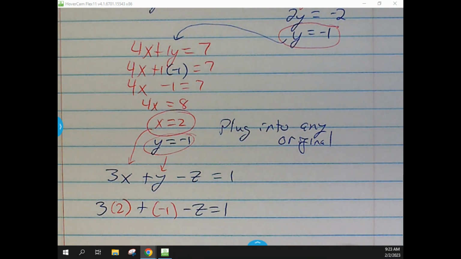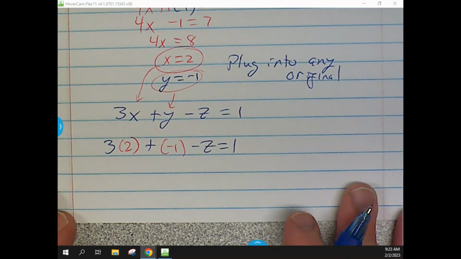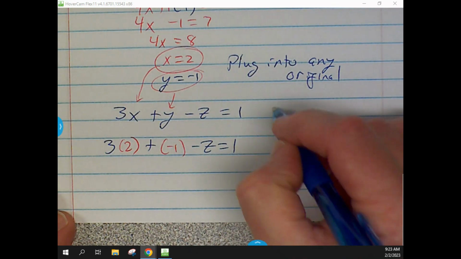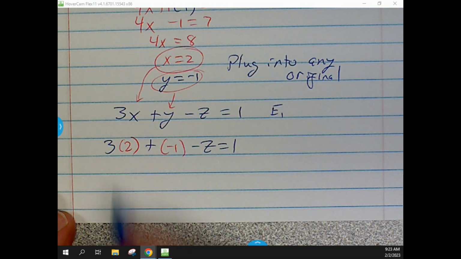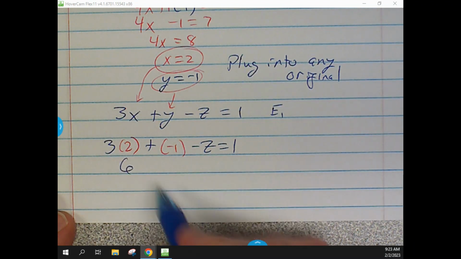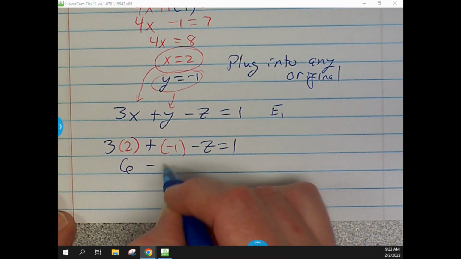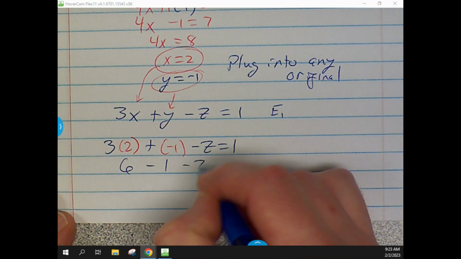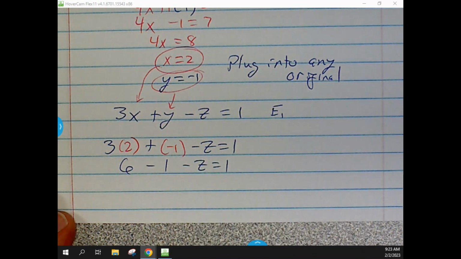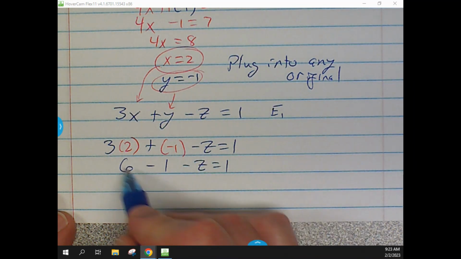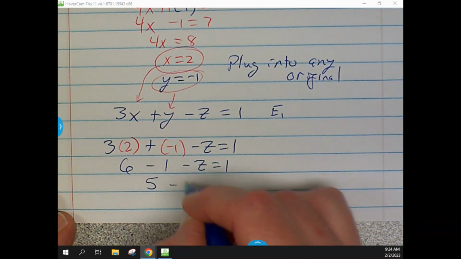All right, so plugging in the 2 and the -1, again, we just picked equation 1, so we'll plug it in there. That's 3 times 2 for 6. 6 plus -1 is just 6 minus 1, minus z equals 1. This is together, so go ahead and do 6 minus 1 and make it 5.